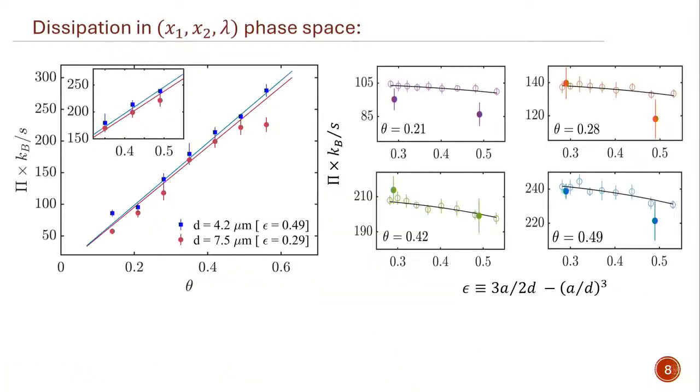So we see, these lines are analytical, the points are experiment and the open points are numerics. We see that for a particular strength of the noise, when the interaction strength is lower, we get a higher entropy production, and if the particles are close by and the interaction is higher, we get a lower entropy production rate.